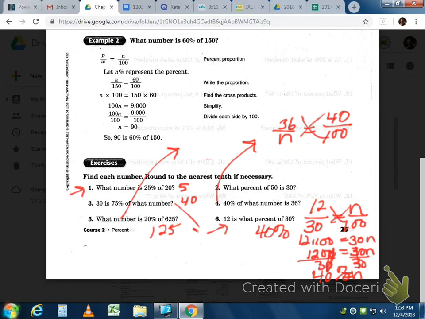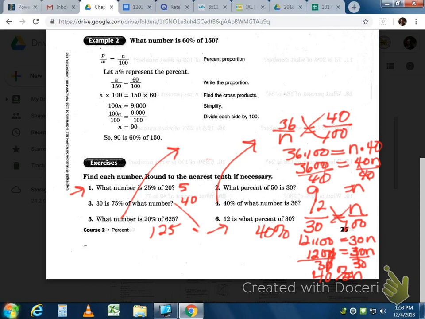This isn't going to come out that way either. So 36 times 100 equals N times 40. 3,600 equals 40N. Yeah, this isn't going to give us a decimal either. So N equals 9. Is it 9 or 9%?